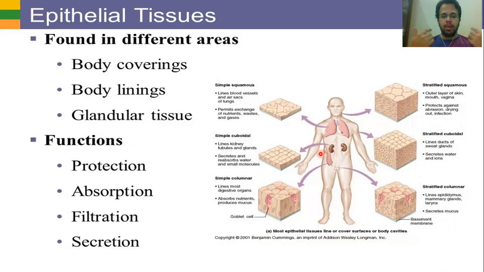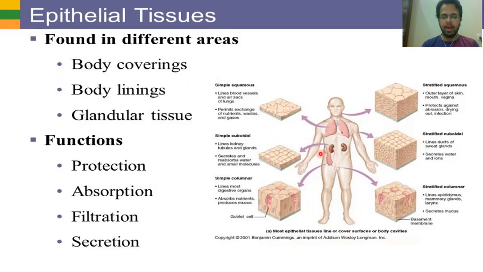Now the epithelial cells are also lining your body cavities, your stomach, the GIT, and the intestines. When you take food, it comes into the esophagus, the stomach, the intestines. That food comes in direct contact first with the epithelial cells, because they are present at the innermost lining.